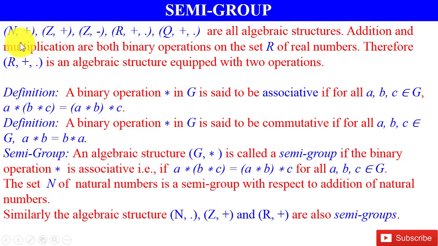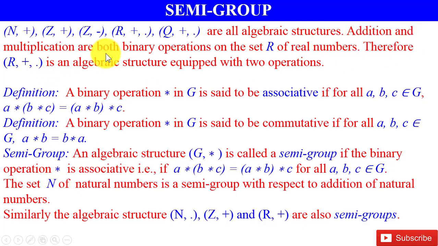Some examples of algebraic structures are (N, plus), that is the set of natural numbers together with the binary operation plus, (Z, plus), (Z, minus), (R, plus, dot), (Q, plus, dot), all of which are algebraic structures.